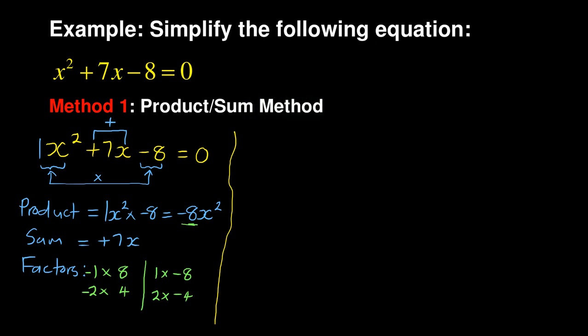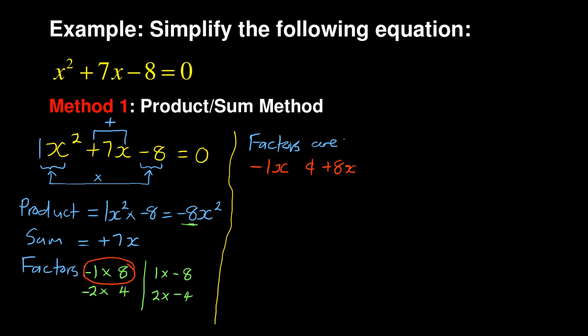So you can see that from that, the numbers that I'm looking for are these numbers. What I just do is write these numbers as my factors. In this case, if I can put them in red, they are minus 1x and a positive 8x.